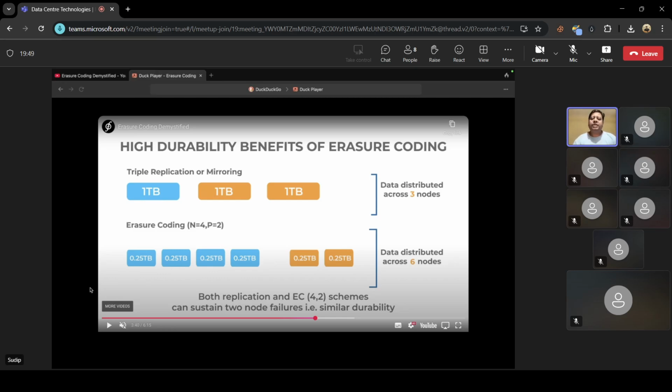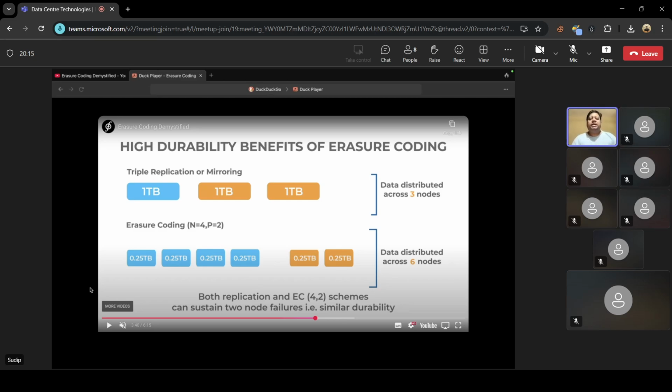As you can see on the screen right now, n is the number of data fragments, or at a high level, you can also say n is the number of data drives. And p is the number of parity fragments.